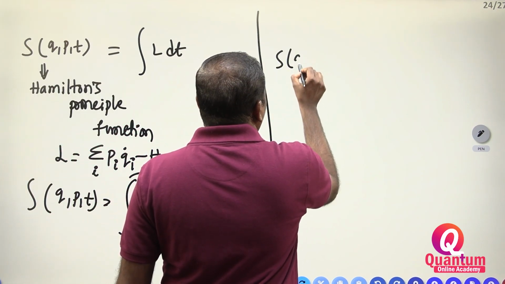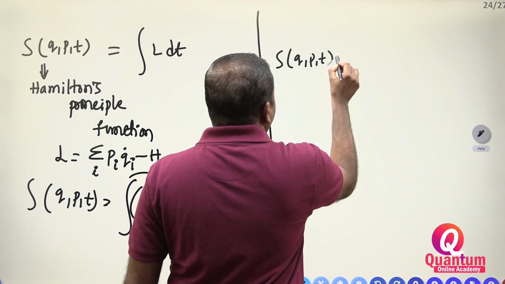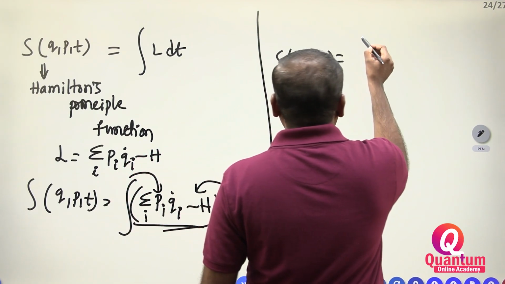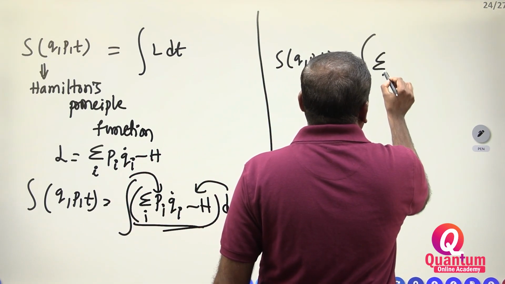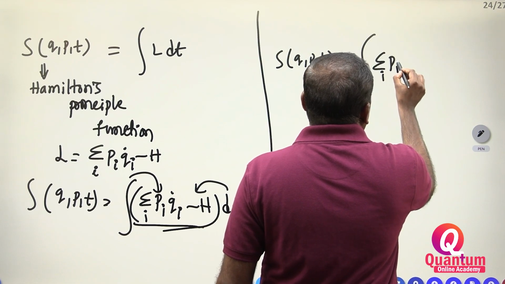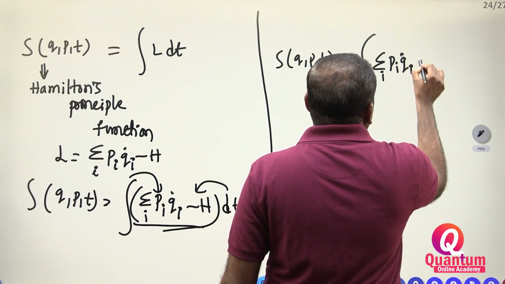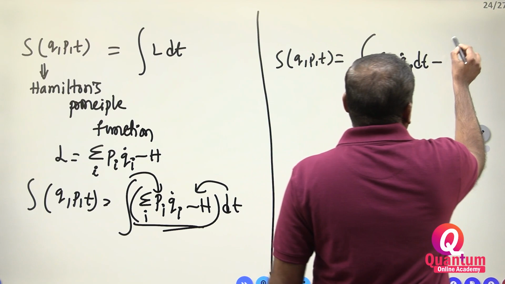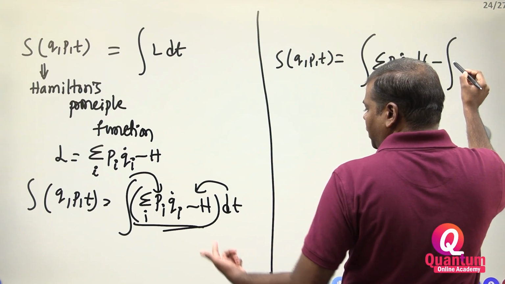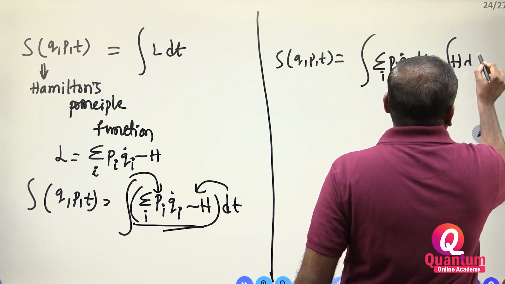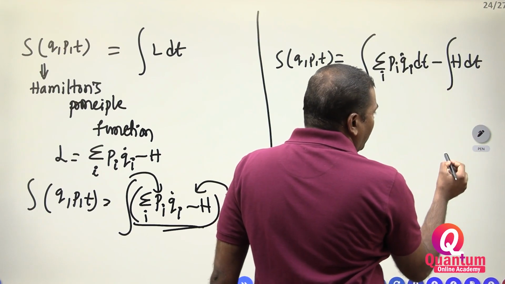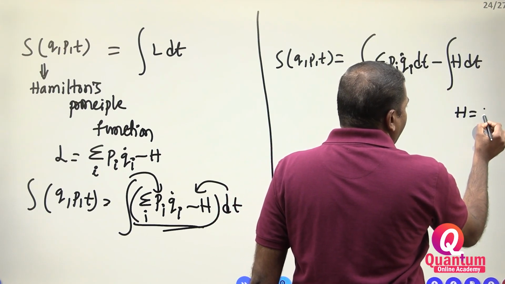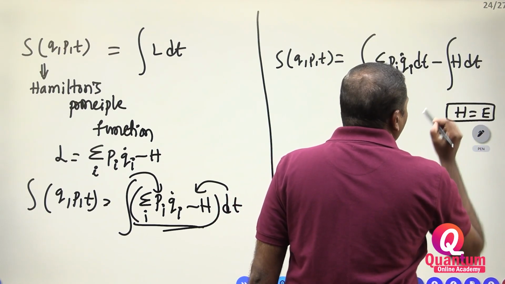S of q, p, t is equal to the integral of the summation over i of Pi Qi dot, minus the integral of H dt. But you know, the Hamiltonian is nothing but the energy eigenvalue, right?